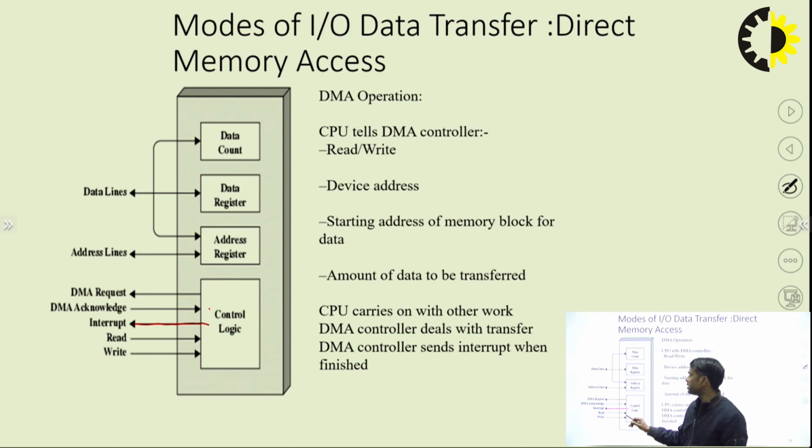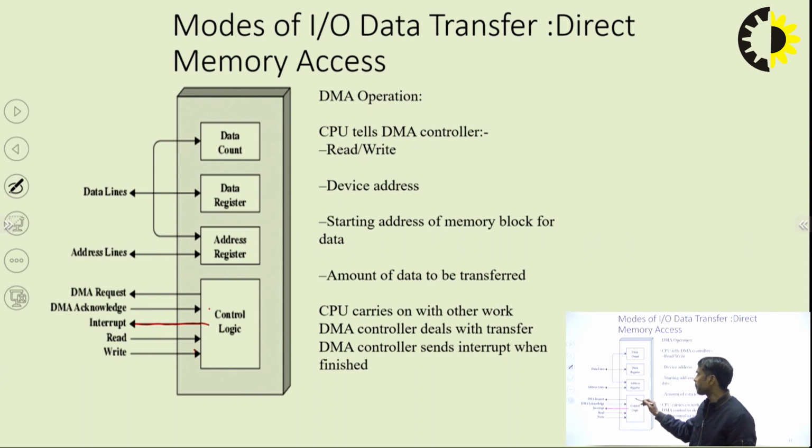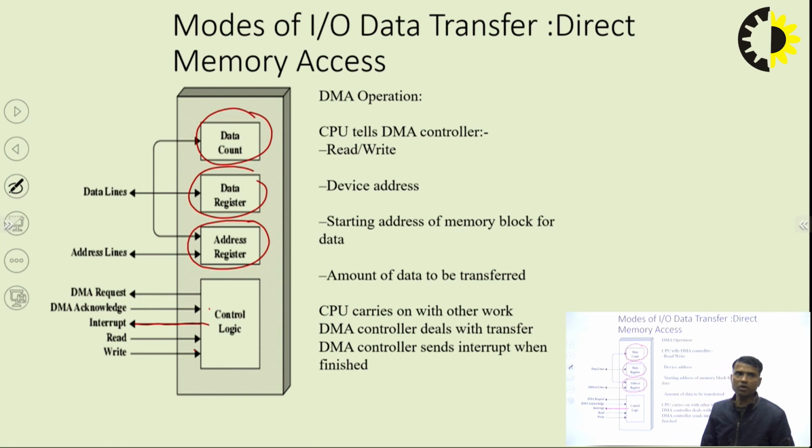During that process it will get whether a read or write operation is to be done, and it has additional registers that are used to take care of the volume of data.